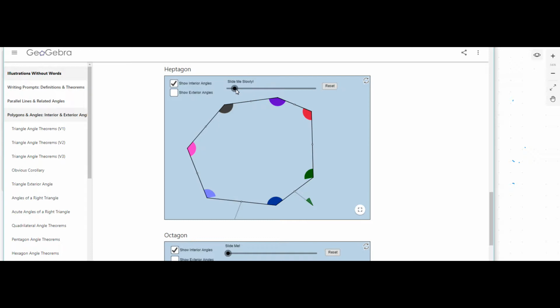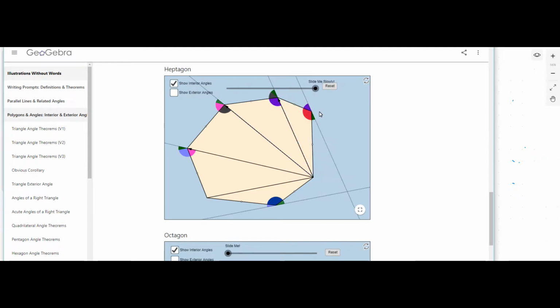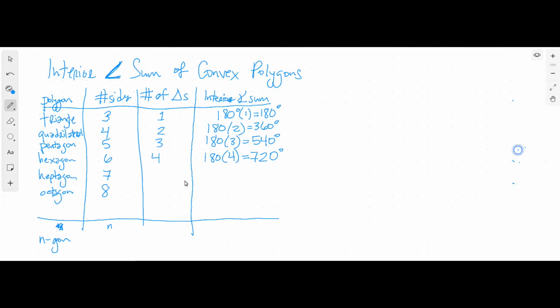I'm going to do it a little quicker. 1, 2, 3, 4, and 5. So I had 5 triangles, and my interior angle sum is 180 degrees 5 times. So that gets me, let's see, 8 times 5 is 40, isn't it? Oh, 900.